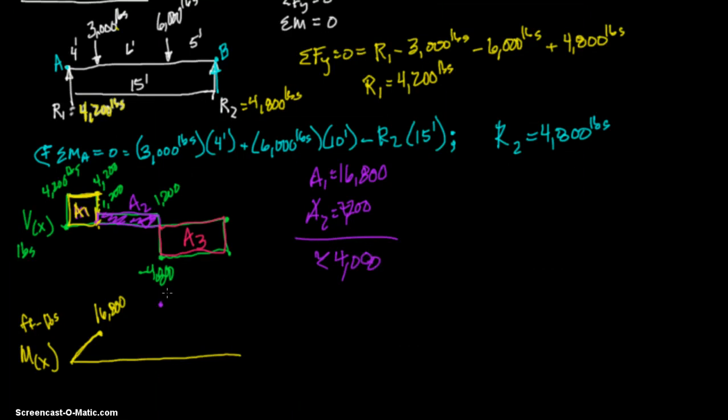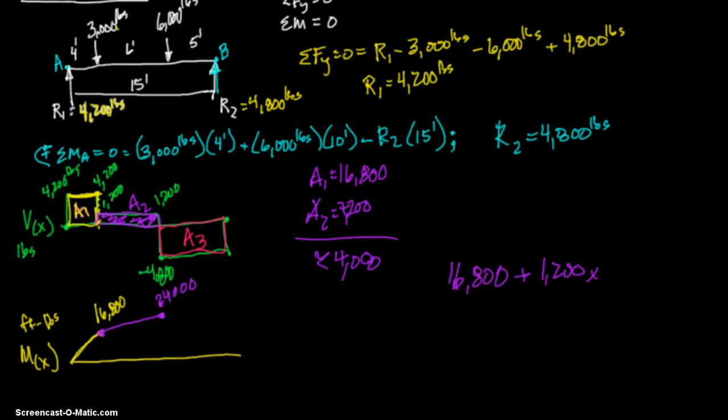Alright, and this slope, as you may have guessed, is 1200. So from that point on it's 16,800 plus 1200x, if you want to put it in this form. 24,000, I believe. There you go.